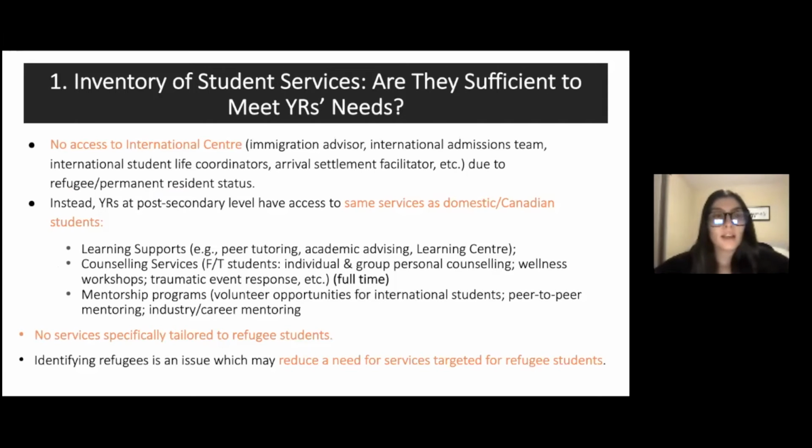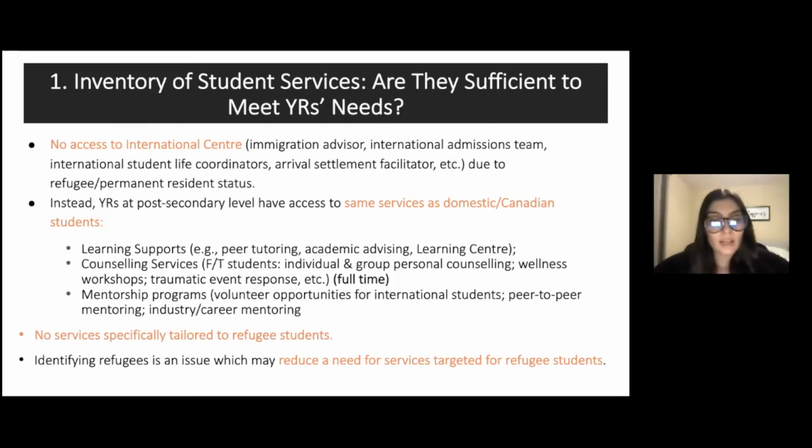So first, when we looked at the inventory of student services, we found out that refugees don't have access to the international center, and this is very critical. They don't have access to the immigration advisor, international admissions, international student life coordinators, or arrival settlement facilitator, because they have permanent status or refugee status.